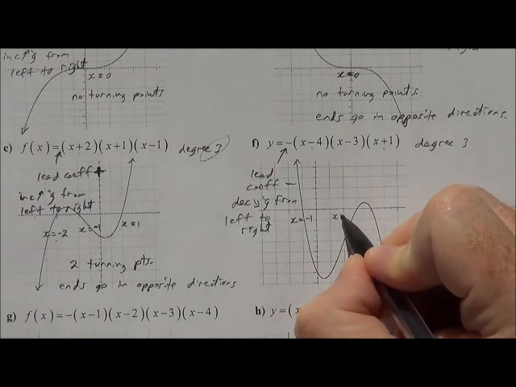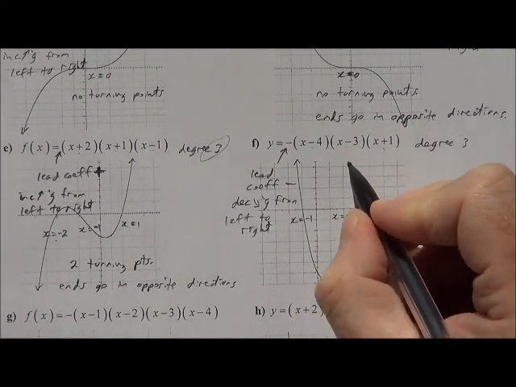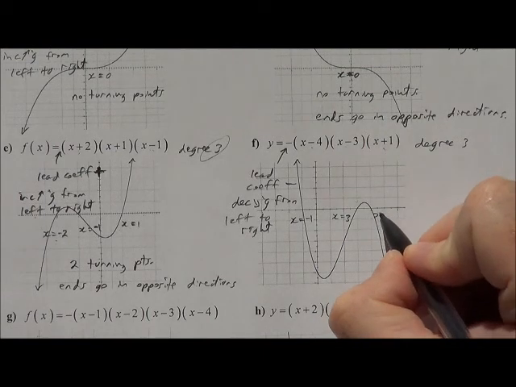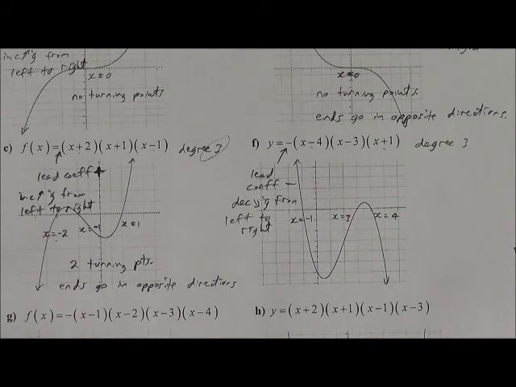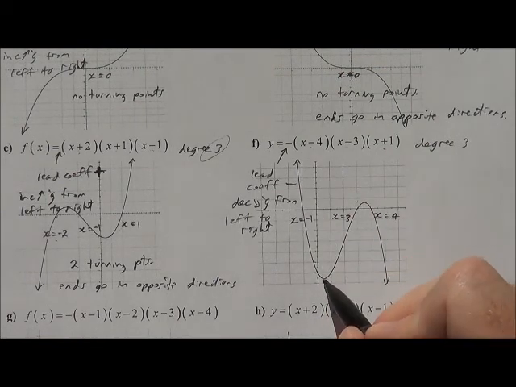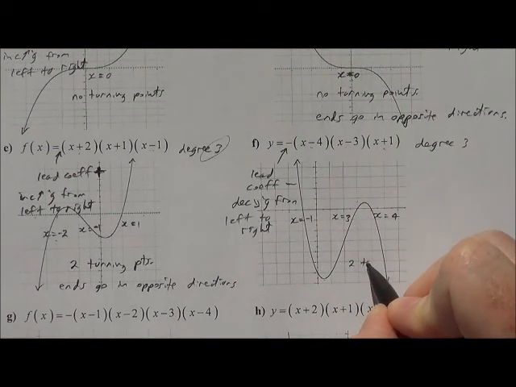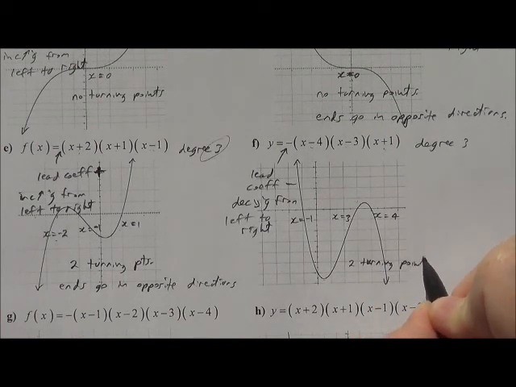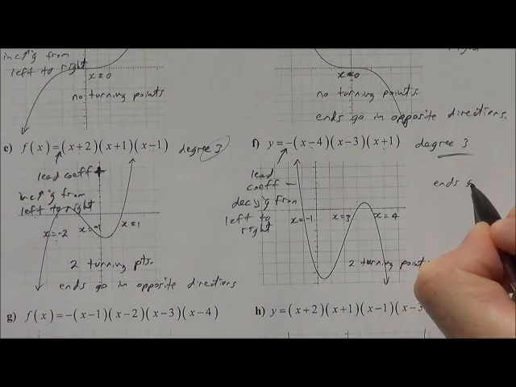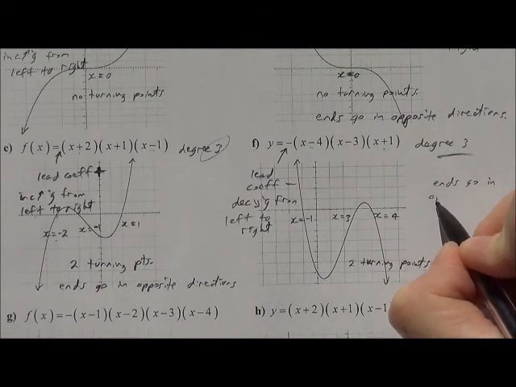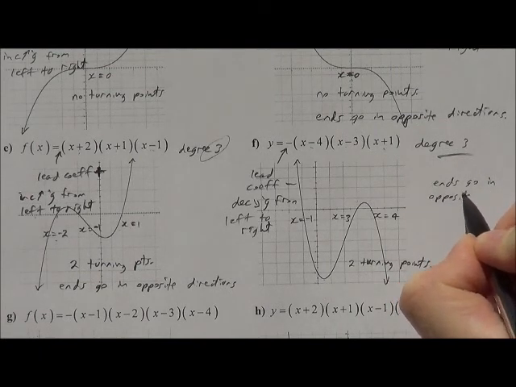We have a 0 of x equals 3, which corresponds to the factor of x minus 3, and a 0 of x equals 4, which corresponds to the factor of x minus 4. Okay, we've got two turning points. And the ends, because of the degree 3, go in opposite directions.